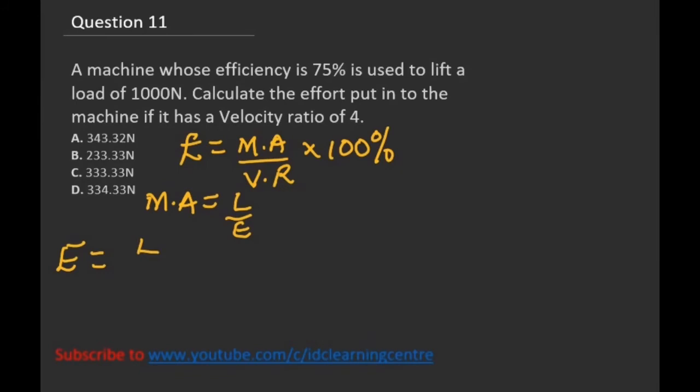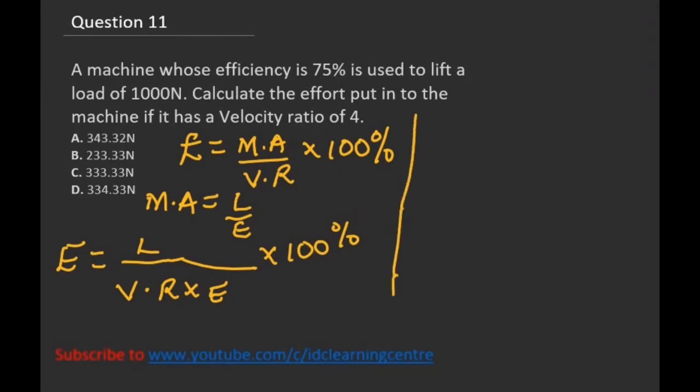So the load goes up, bring the effort down, we will now have velocity ratio times the effort, times 100%. Efficiency was given in this question as 75%. So 75 equals the load, which is 1000.